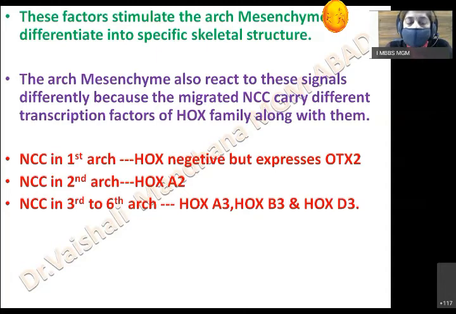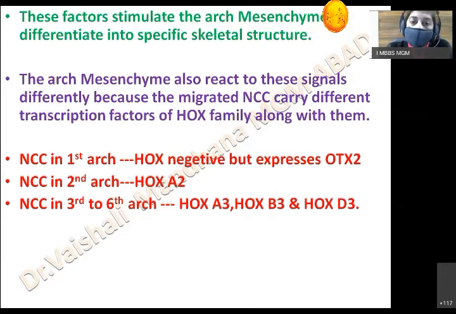That is why these neural crest cells react differently to the genes which are stimulating them from the pouch. And the pouch is the one which is first formed, then the arch is formed. Pouch is formed, pouch will be having different genes in its different locations.